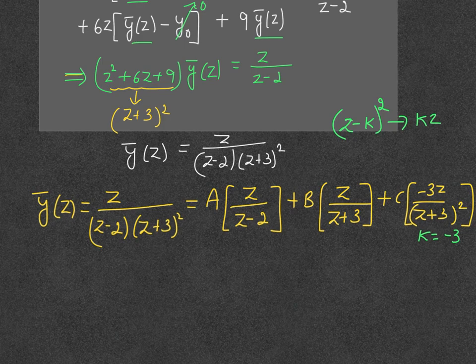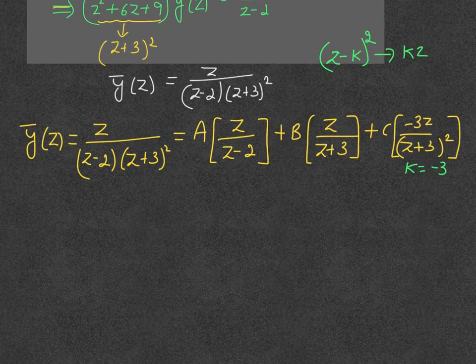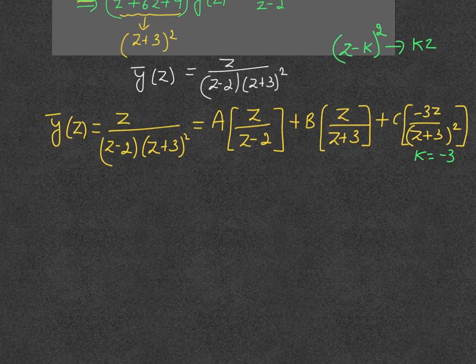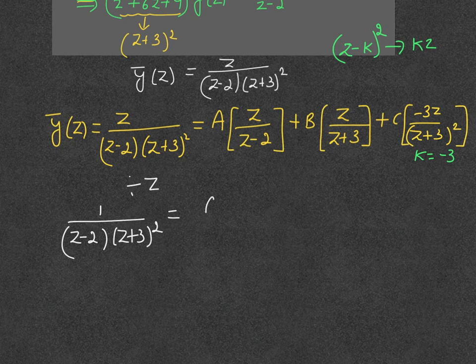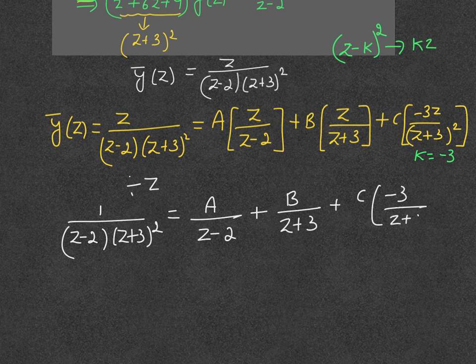Nothing is changing in the bracket at the end; the same bracket should be retained. Now we divide throughout the equation by z for simplification. We get 1 by z minus 2 into z plus 3 whole square equal to a by z minus 2 plus b by z plus 3 plus c into minus 3 by z plus 3 whole square.